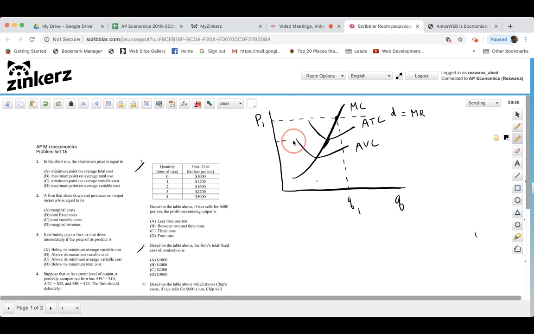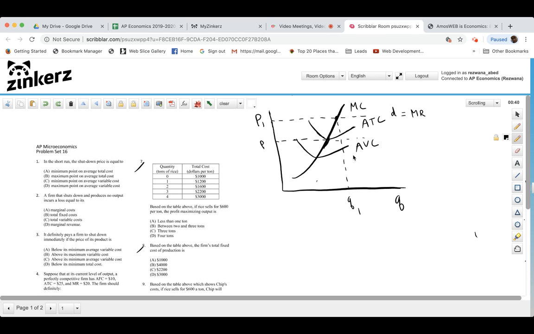Okay, and then we looked at other points, right? So one point would be over here. What did we call this point, where your price is at the minimum of the average total cost?